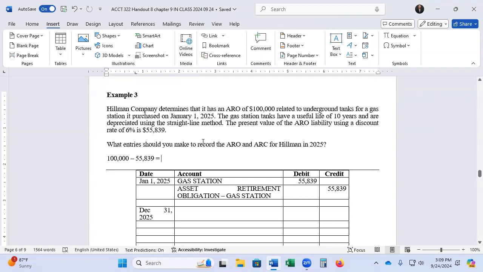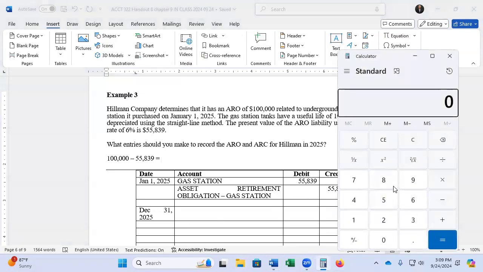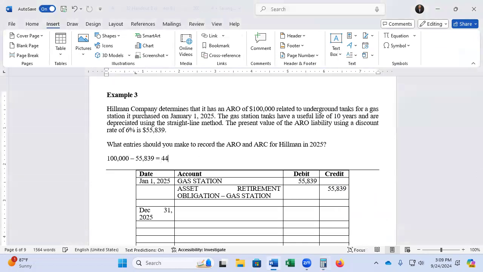And so that is, let me pull up my calculator. I heard somebody say 44,161. Okay.